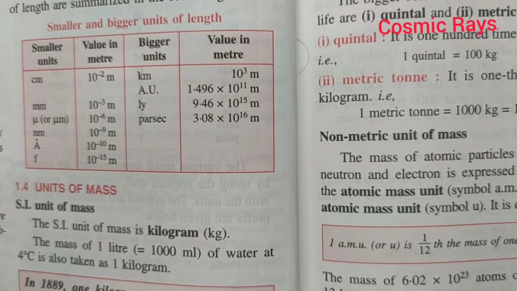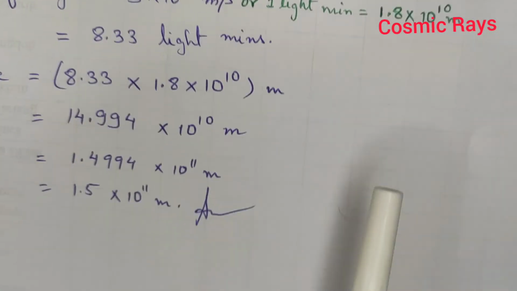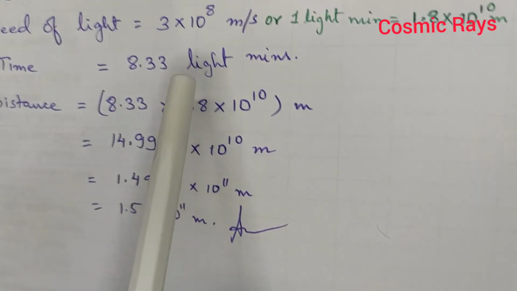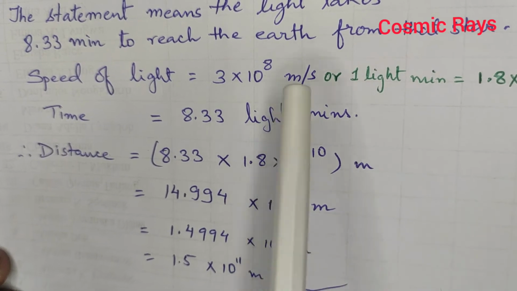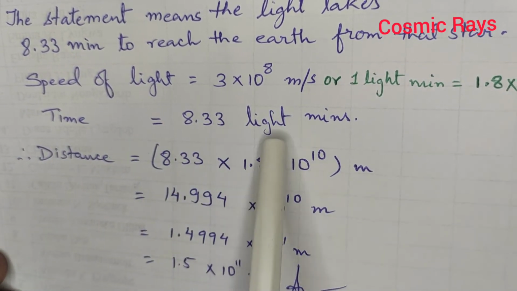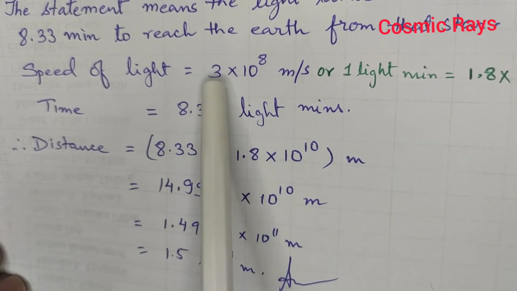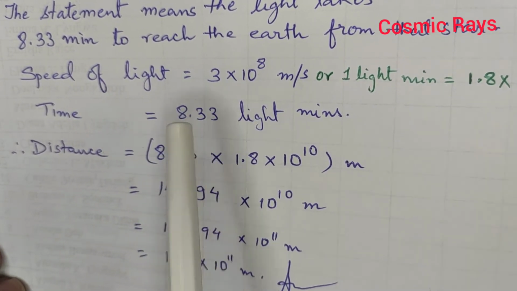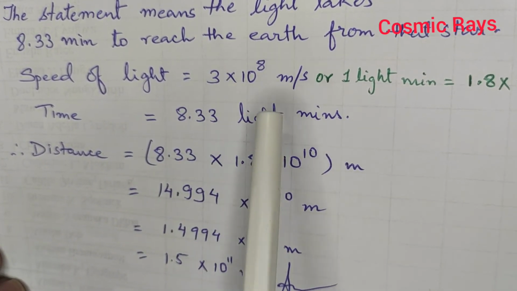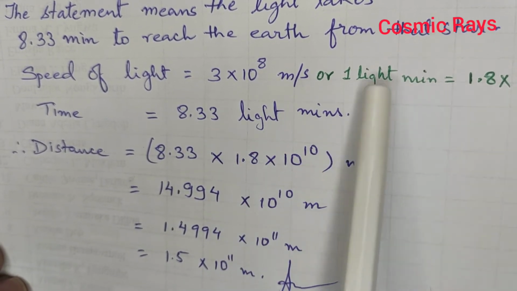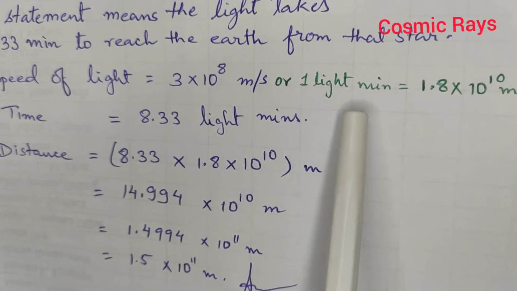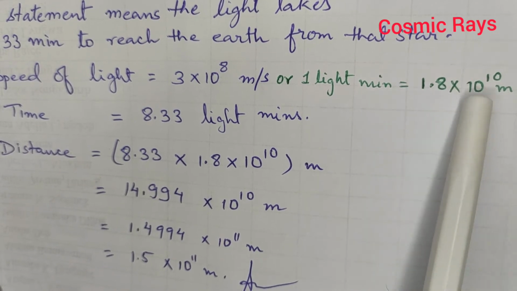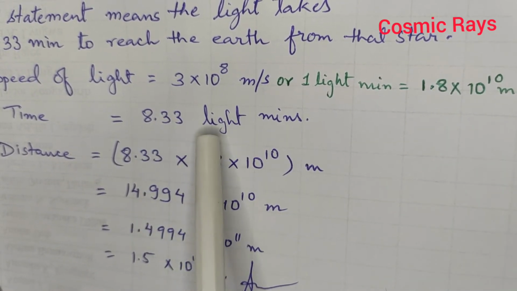So either we can use this, or we can use the speed of light. Now the time is 8.33 light minutes. So if I use the speed of light and the time, then I have to multiply it with 60. If not, I will use this, that is 1 light minute. Then I can simply multiply this with the time.